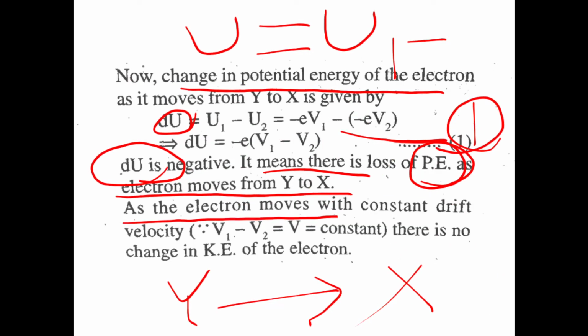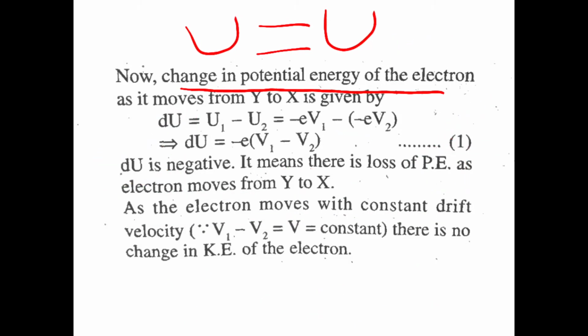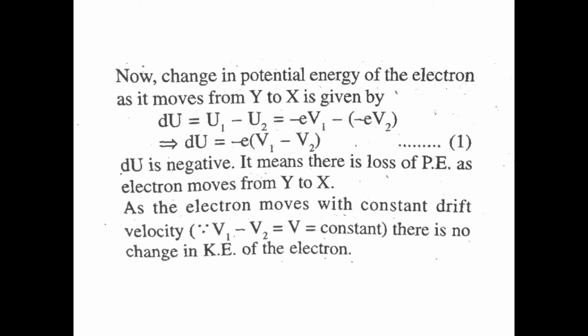As the electron moves with constant drift velocity, the electrons move from Y to X end, but the drift velocity is constant. So there is no change in kinetic energy.